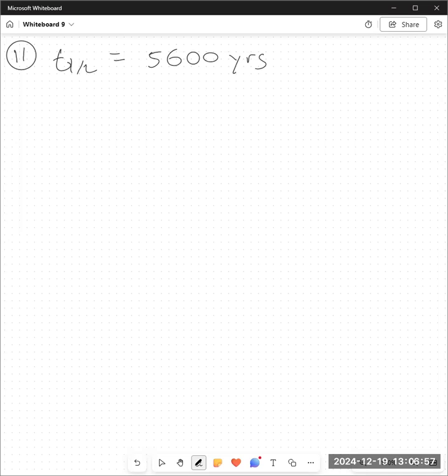And we want 85.5% to have decayed. So that means that we want 14.5% remaining. So let's go ahead and write our equation this way.